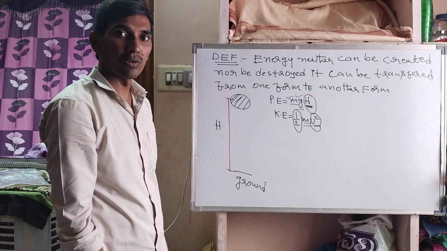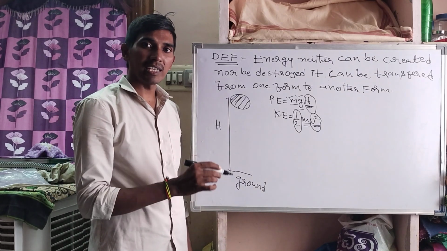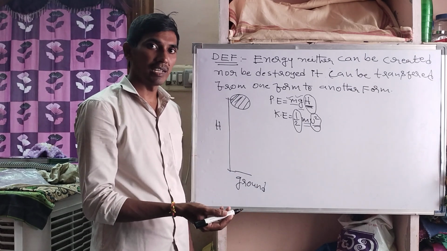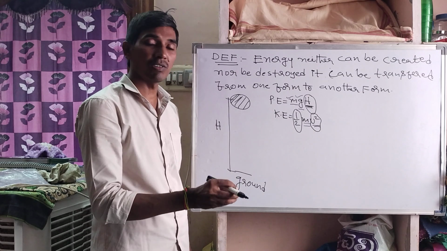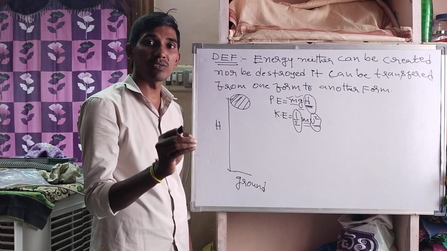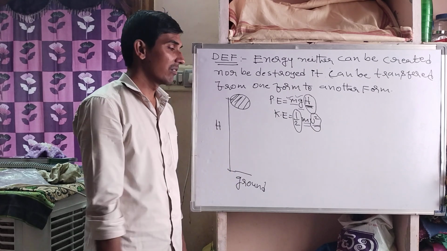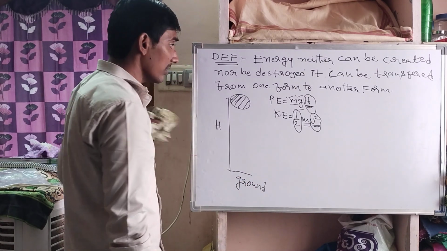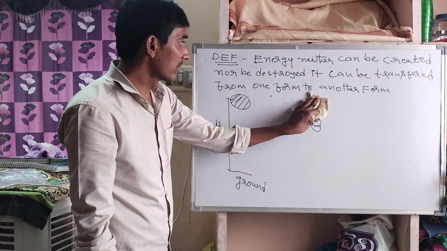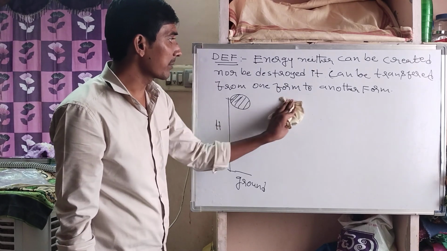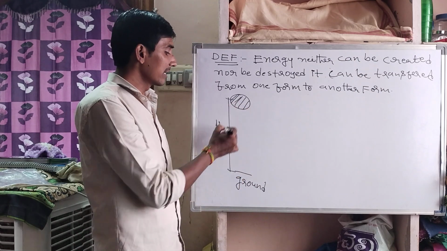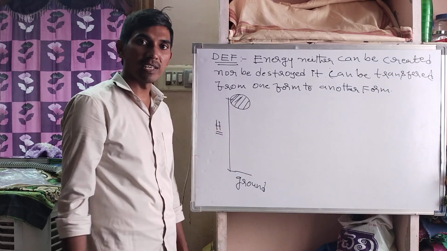So we can write the kinetic energy equation at any height of the object; firstly we need to know the velocity of the object at that height. First, the object is kept at some height, this is h.